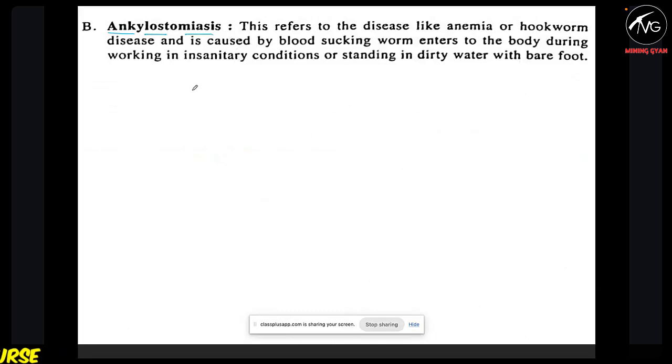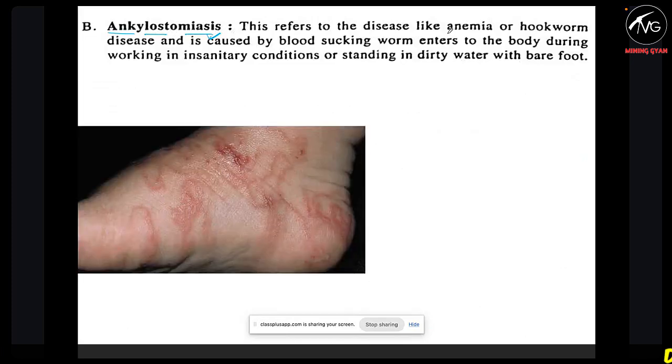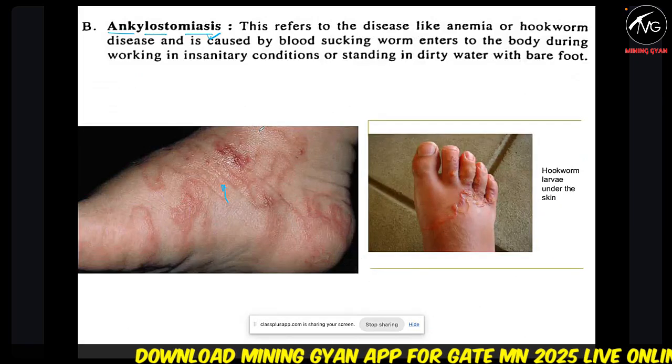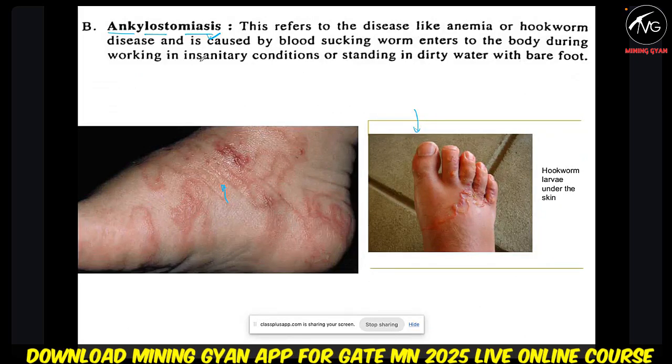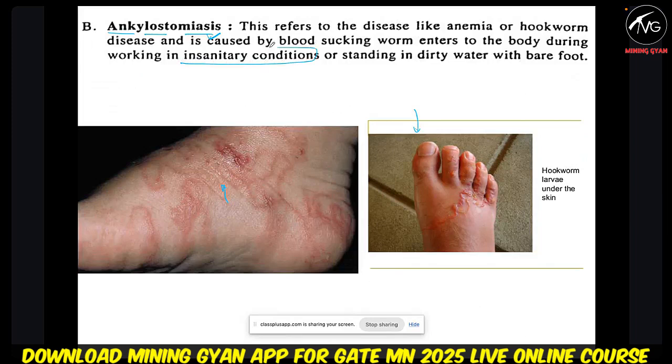Then we have seen ankylostomiasis. Ankylostomiasis क्या होता है कि where hookworms enter in your body and it will affect your body, where the chances will be maximum where the condition is insanitary condition or the dirty water.